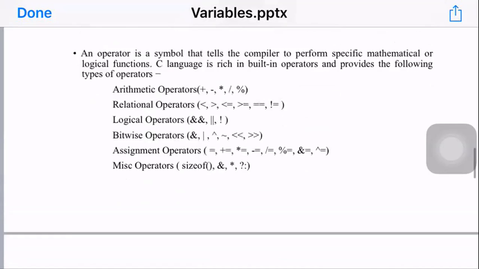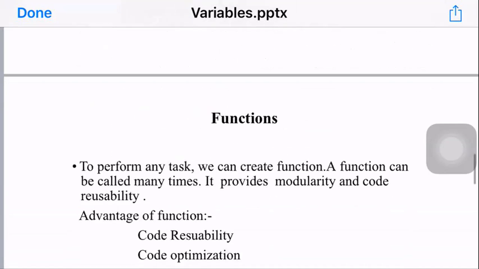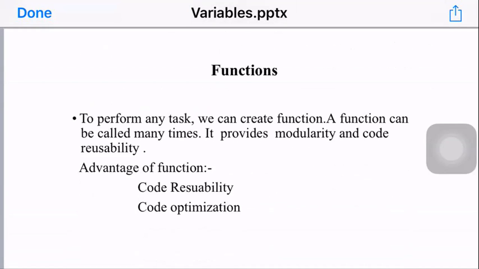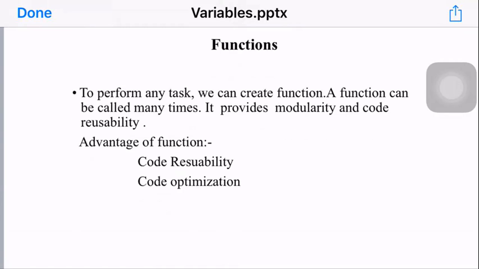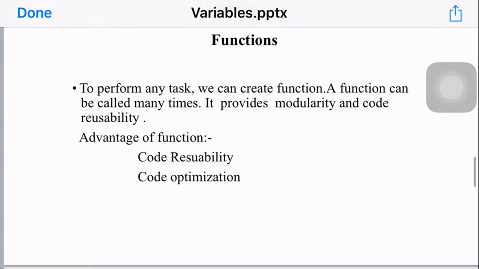Okay, so directly I will come to the topic, functions. To perform any task, we first want to create a function. A function can be called as many times as we want, and it must have one name, that is the function name. There are advantages of a function: one is code reusability and one is code optimization.